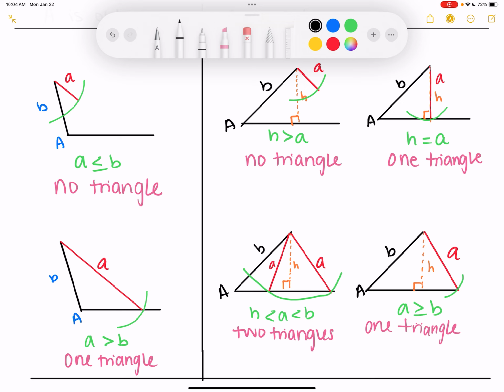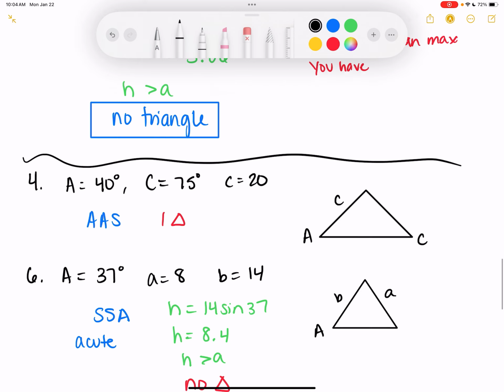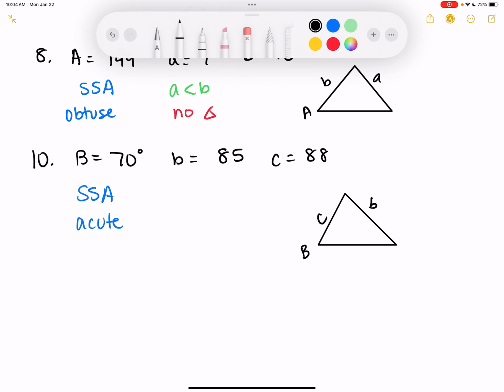Okay, it's less than, so I need to find H now. So H is equal to, it's the side that doesn't have the angle, so 88 sine of 70, which is 82.7.